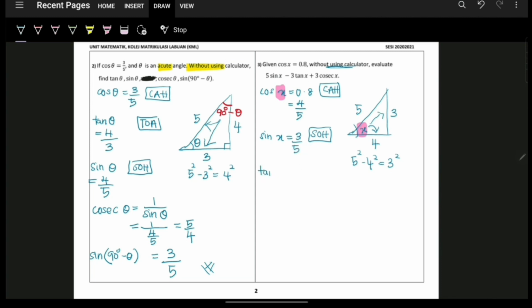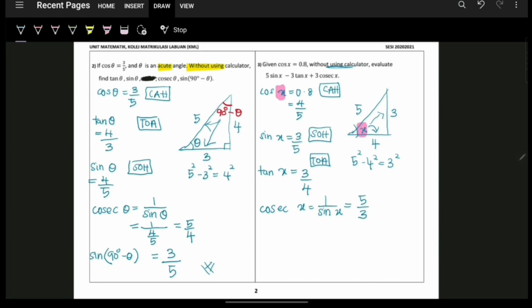And the tangent x, TOA, opposite over adjacent. The opposite is 3, the adjacent is 4. And then last one you have cosecant of x, which is 1 over sine x, and you already have sine x here, and it ends up 5 over 3. I skipped one step.